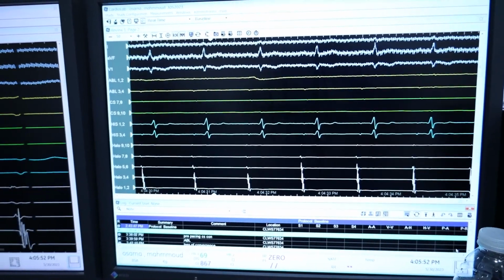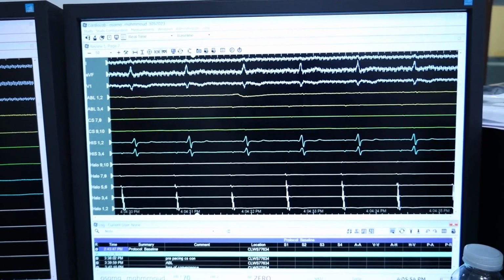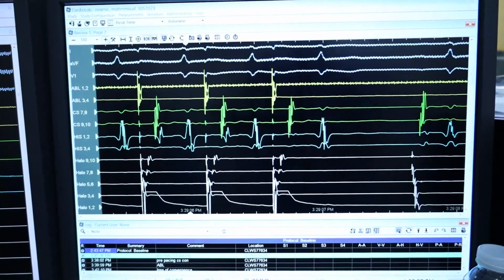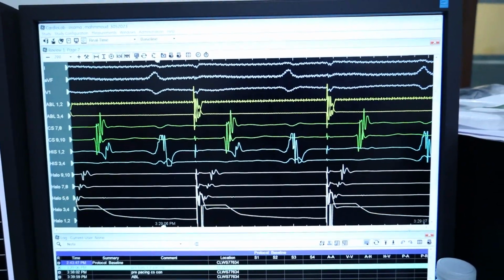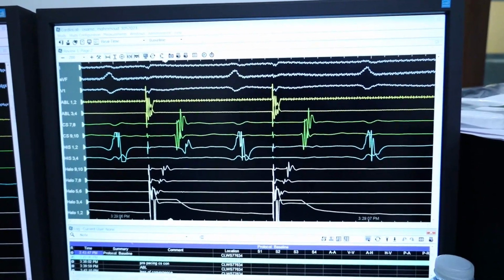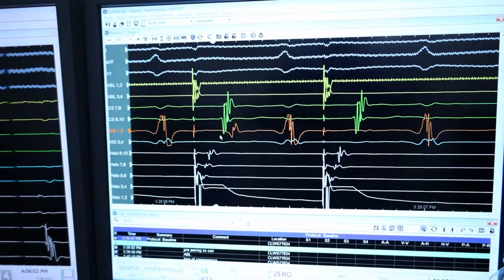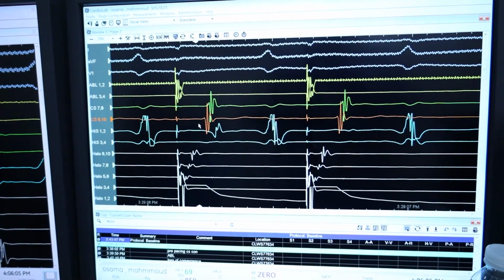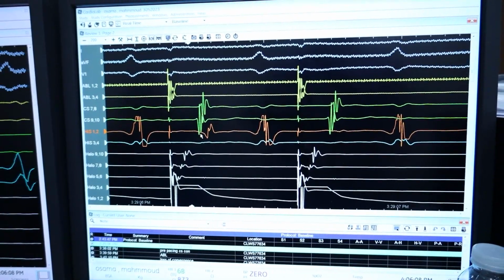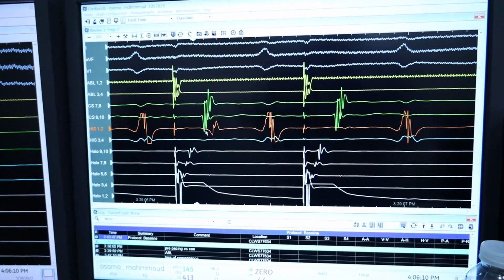We started pacing from distal halo, and we can appreciate here that the A on CS 9 and 10 is earlier than the A on His catheter 1 and 2.